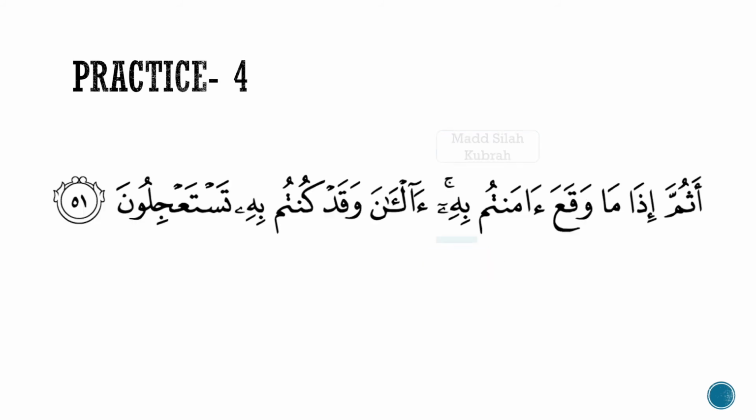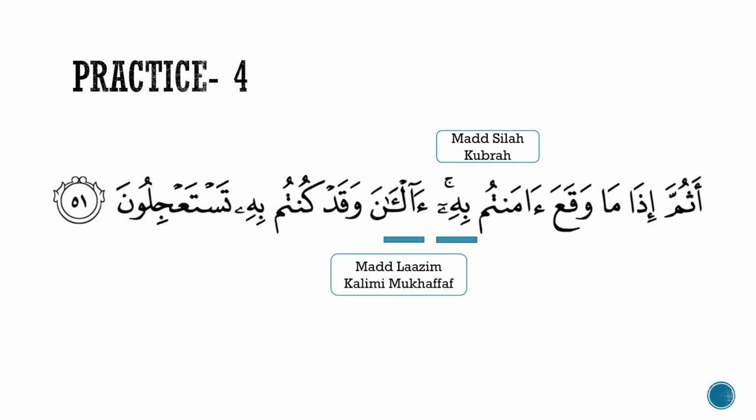Example number 4. If we carry on with the word bihi al, then this will be the rule of mad sila kubra, as the ha pronoun is followed by the letter hamza in the next word, and we can see on the ya the mad symbol on there.